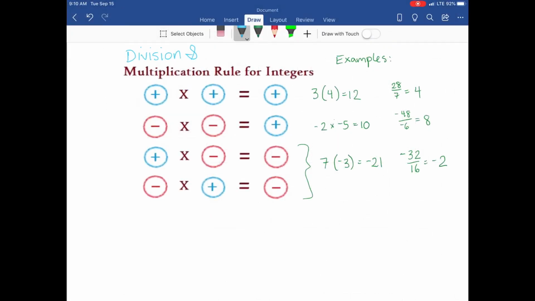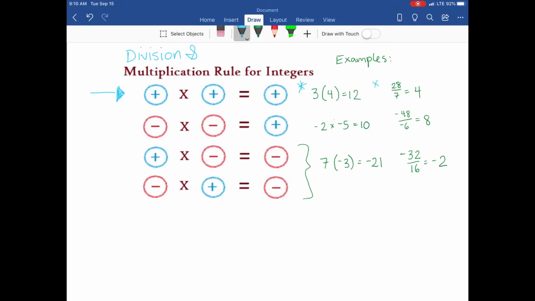Now here we've got some rules that we can follow when we're multiplying and dividing, not just integers, but rational numbers, real numbers that have different signs. So let's look at just a couple of these as we go. The first rule, for multiplication and division, is that if I multiply or divide two positive numbers, my result is also a positive number.